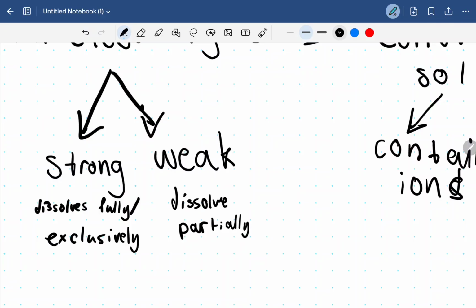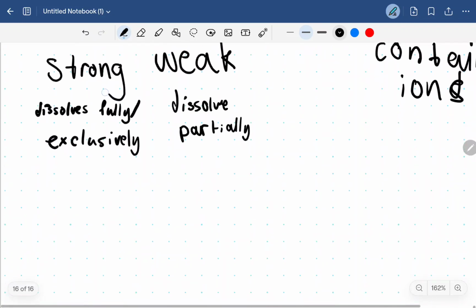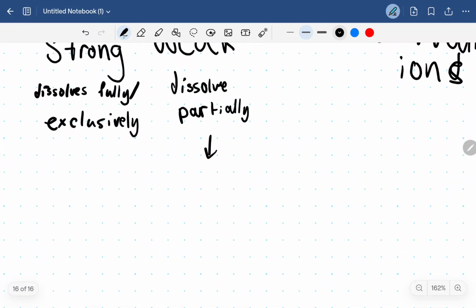Okay, so where was I? Okay, yeah. So we have weak and strong. One example of a weak electrolyte would be water. Water is a weak electrolyte and it has an equilibrium constant that needs memorizing.